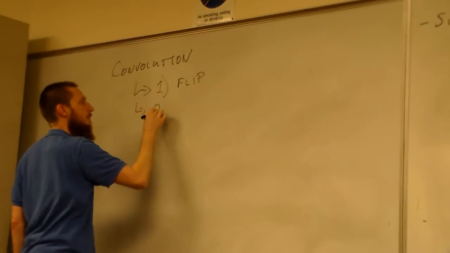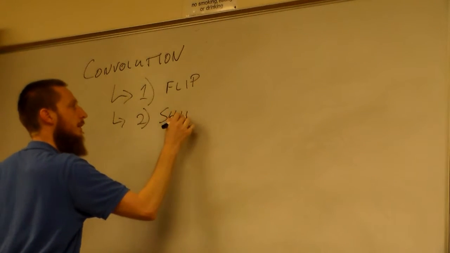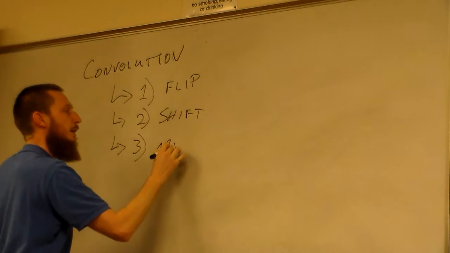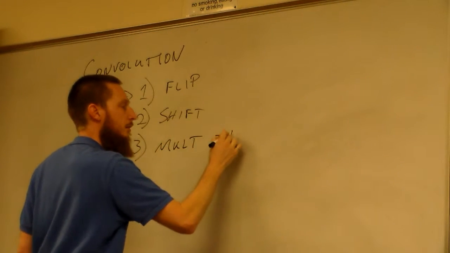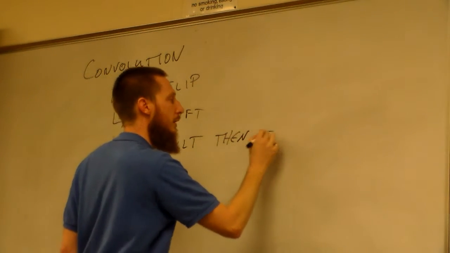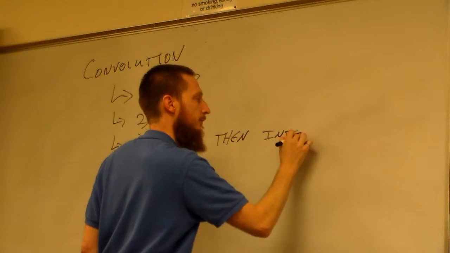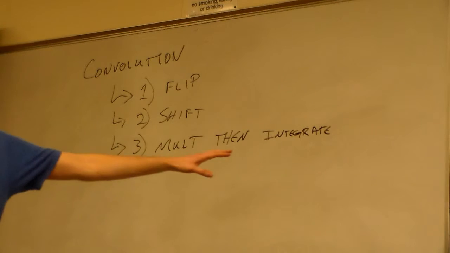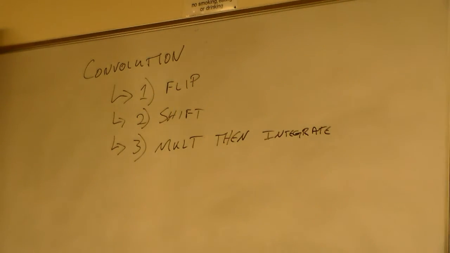Step number 2 is shift. Step number 3 is multiply. Then integrate, accumulate, find the area under the curve, whatever you want to say here.